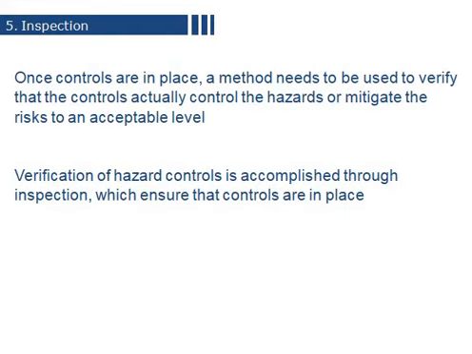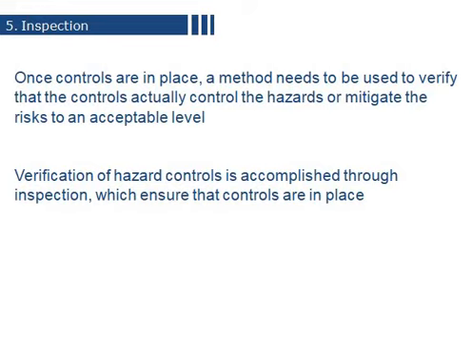So the next step in the safety analysis process after installing the controls would be the inspection, because we need to verify that the controls are actually working and controlling the hazard or mitigating it.